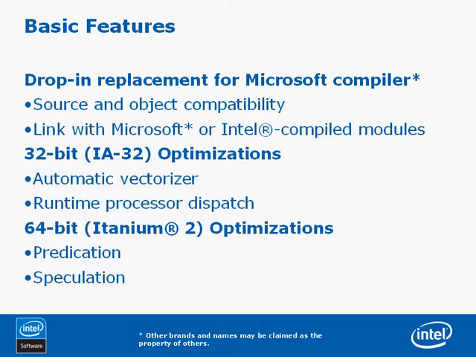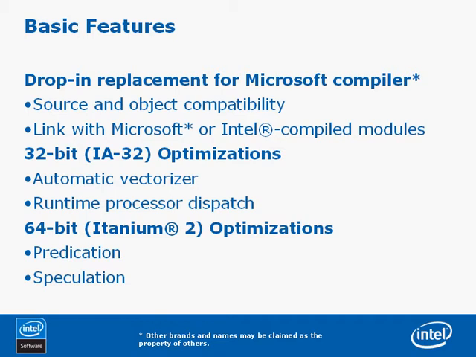Runtime processor dispatch can optionally allow him to build multiple specific targets in order to take advantage of the latest processors while maintaining full compatibility with previous IA32 processors. 64-bit Itanium 2 processors benefit from features such as predication, improved branch prediction, and software pipelining. BizLogic can maximize application performance with advanced optimization features available simply by recompiling source.